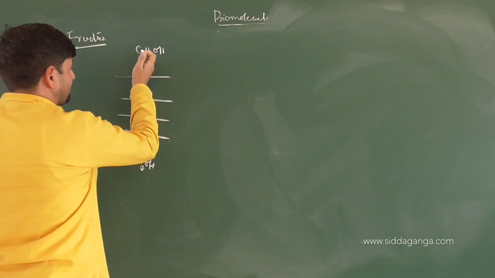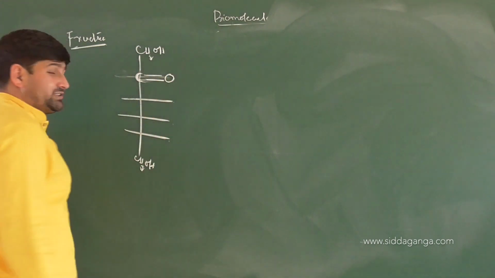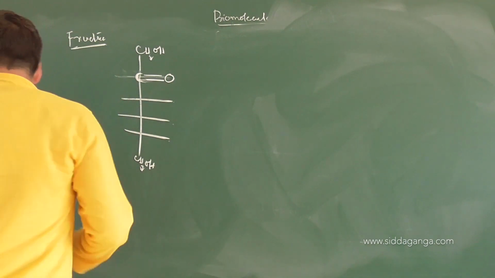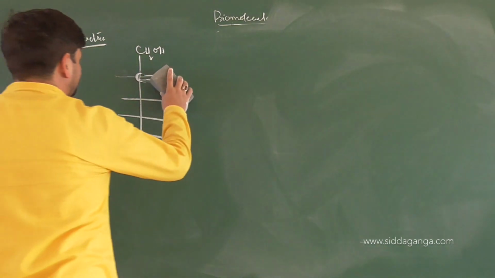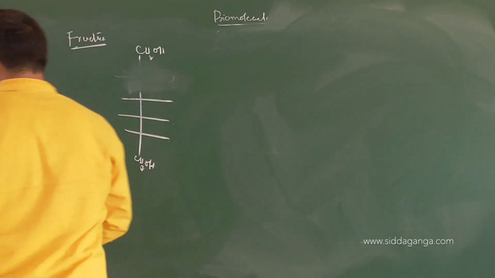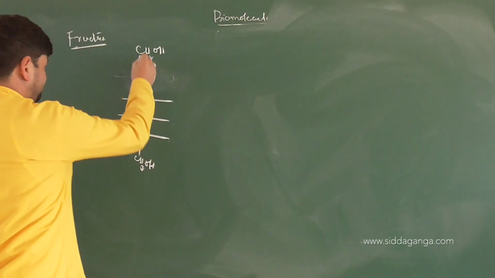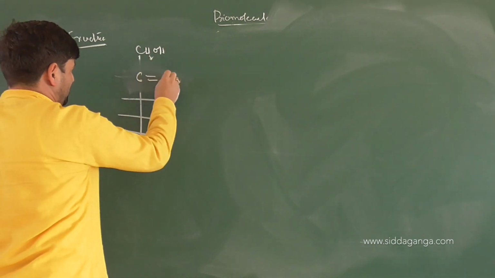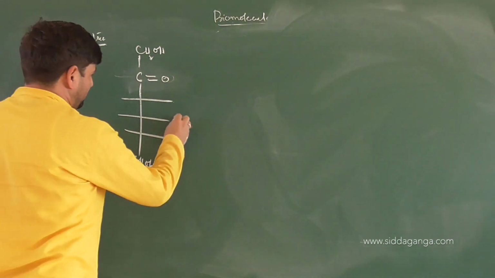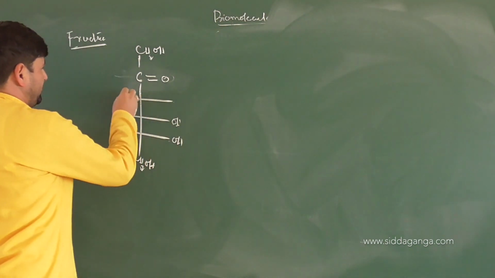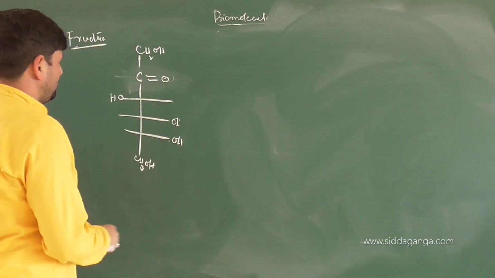C double bond O, because this is a ketone. Ketone derivative here, then you have OH here, then OH here, then as usual OH here. So this is our fructose.